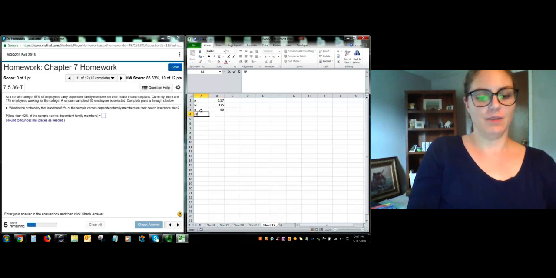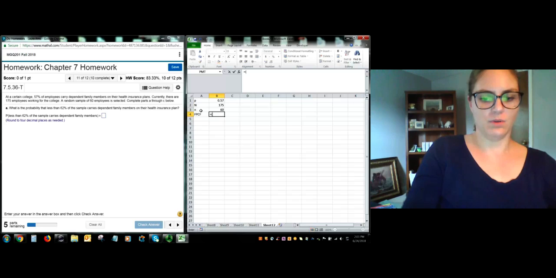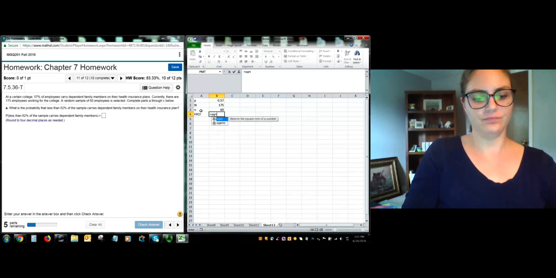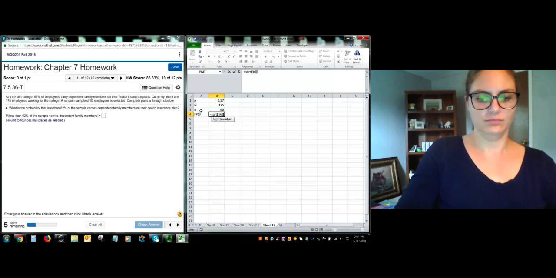So, finite population correction factor. Let's just do it quickly: big N minus little n at the top, divided by big N minus 1.